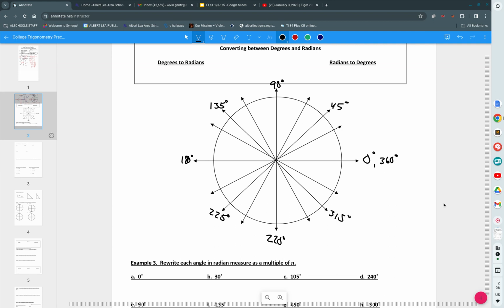Now we're going to put the other angles. If I take 90 and divide it up into 3, I get 30 degrees.